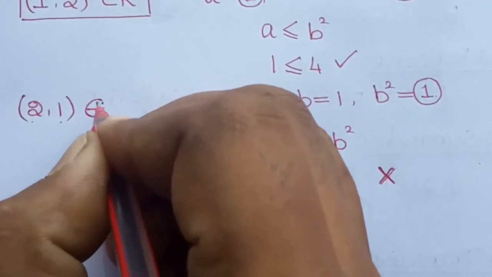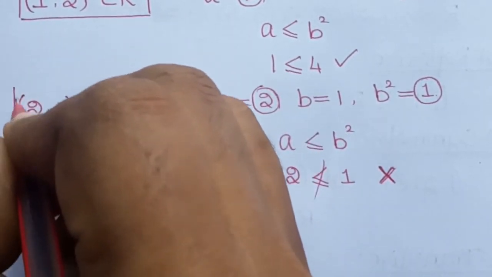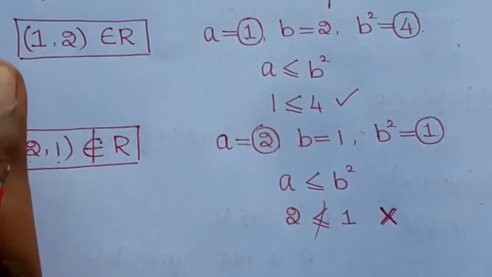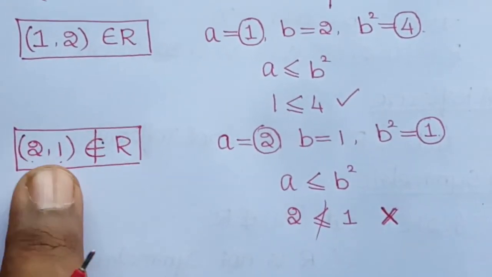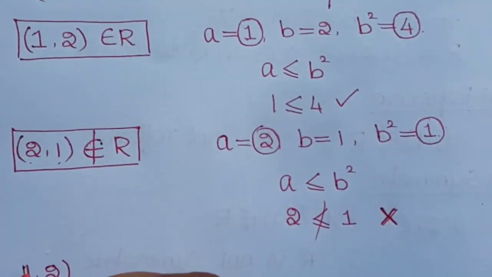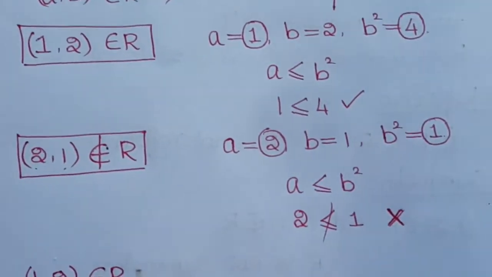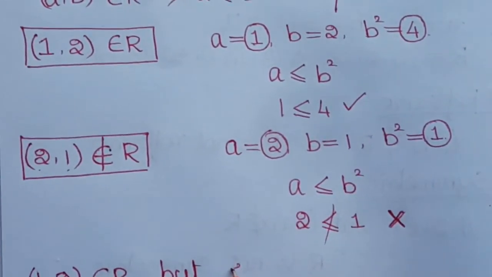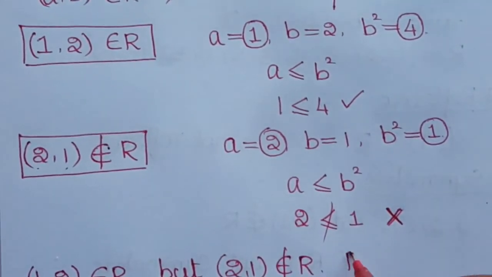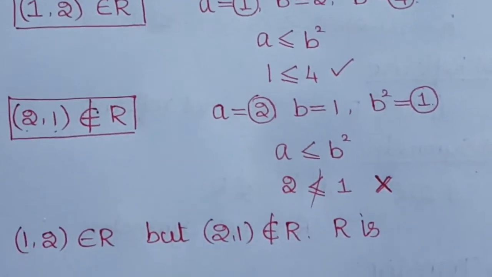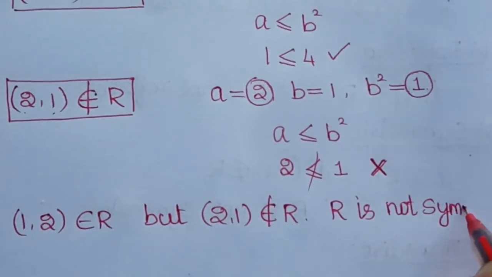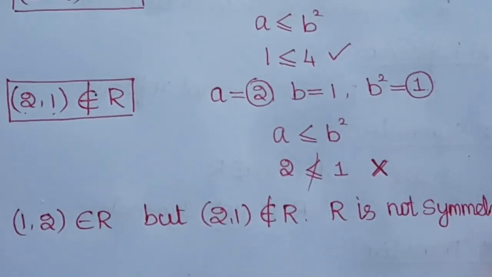Therefore (2, 1) does not belong to R. Here (1, 2) belongs to R, but (2, 1) does not belong to R. Therefore the relation R is not symmetric.